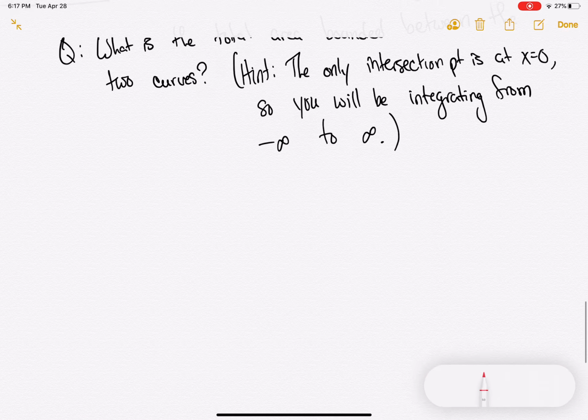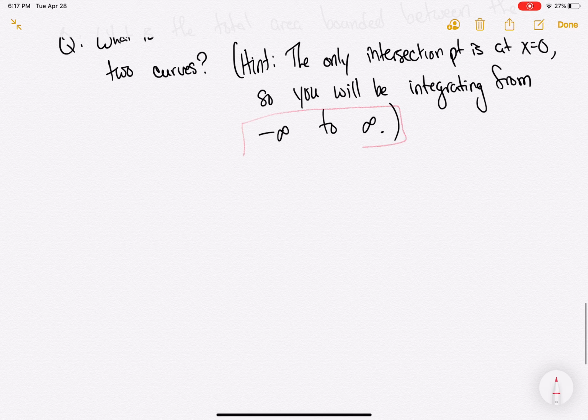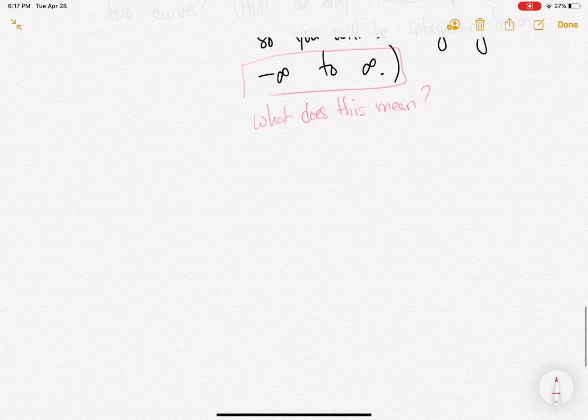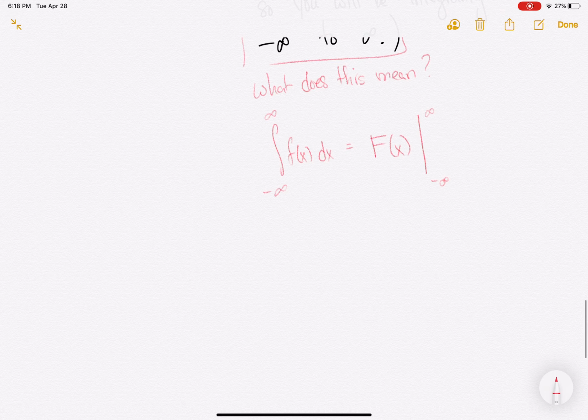And you guys are probably freaking out right now and saying, what does this mean? Well, all it means is an integral of a function from minus infinity to plus infinity. This is equal to, well, it's still the antiderivative, minus infinity and plus infinity. But how do you define those?